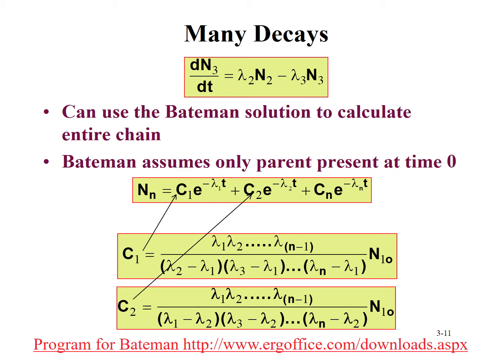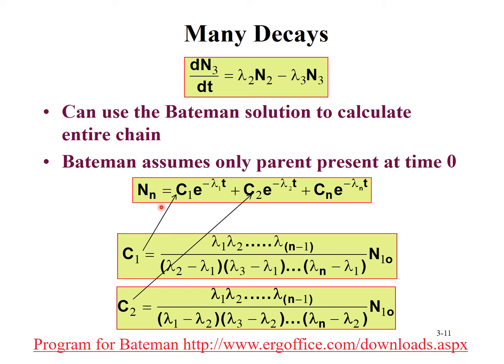It assumes that only parent is present at time 0, and we have a factor, this C1, C2, Cn factor, so whatever n is, n can be 3, 4, 5, or 6.